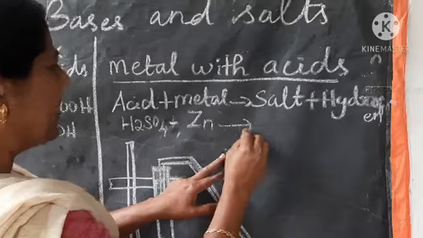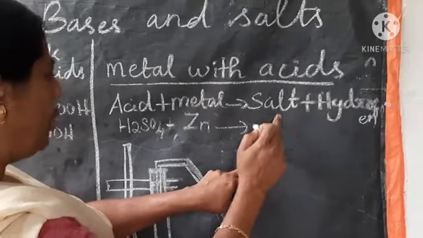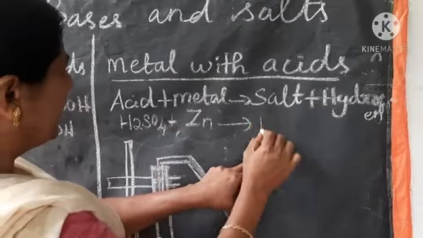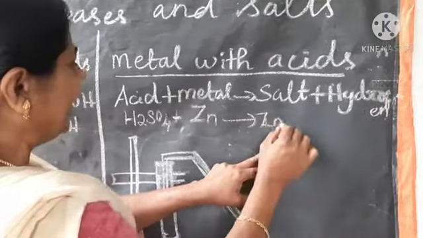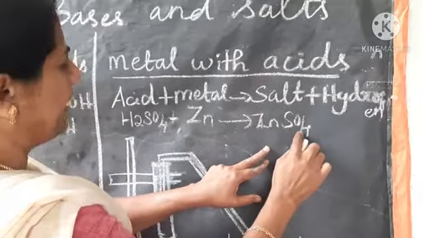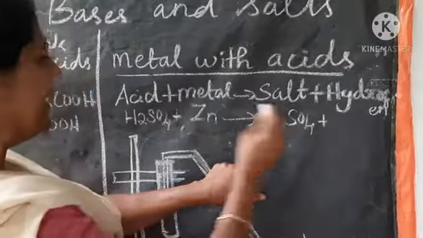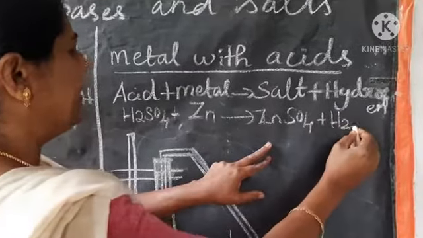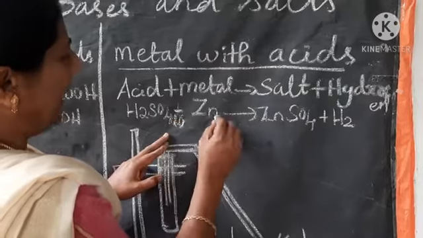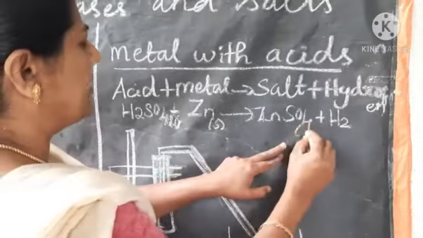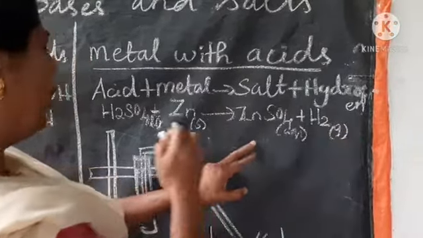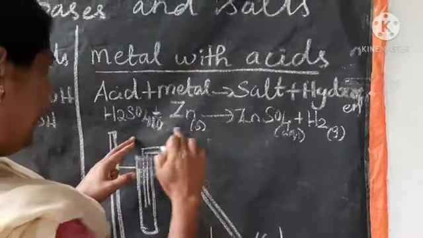So it gives salt. Salt means, as I told you, with a metal, a non-metal should be there. So here Zn is reacting with SO4. So zinc sulfate is the salt and the remaining thing is hydrogen. This is liquid form and this is solid form. Now it is in aqueous form and this is gaseous form. Here there is no need to balance the equation. It is already balanced.